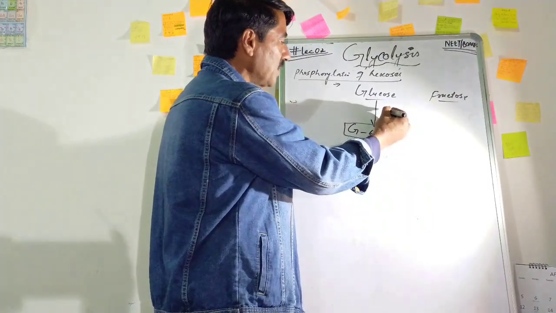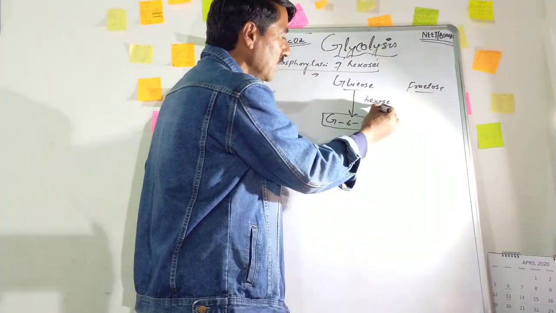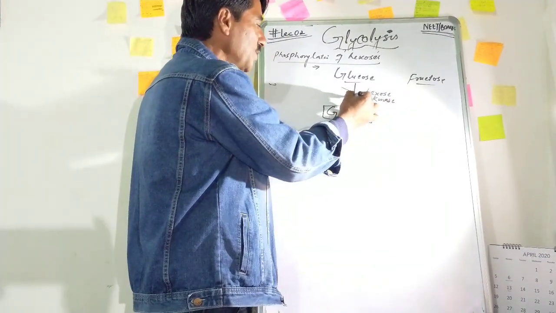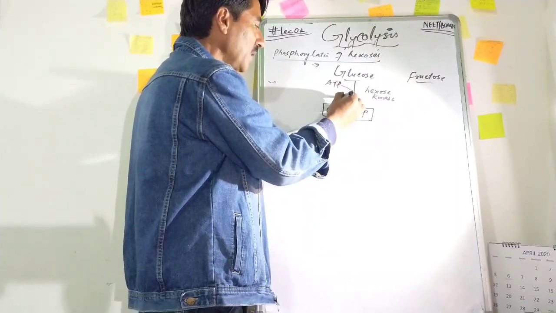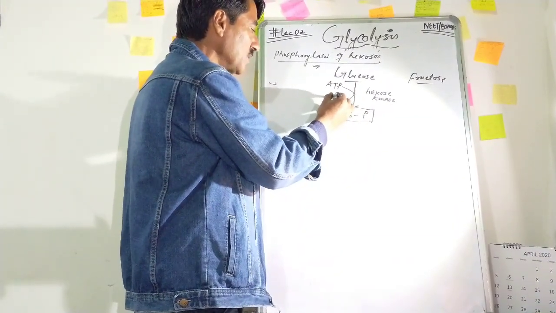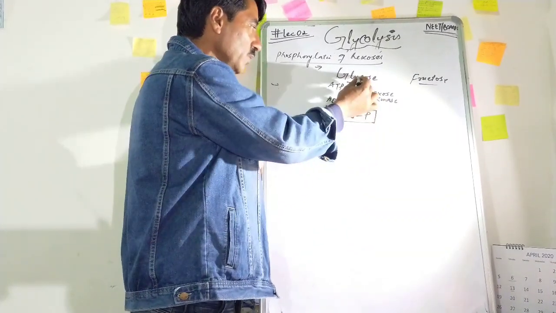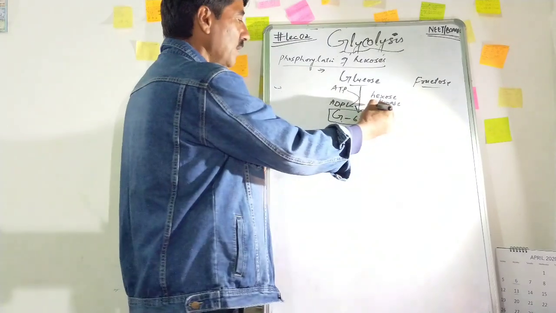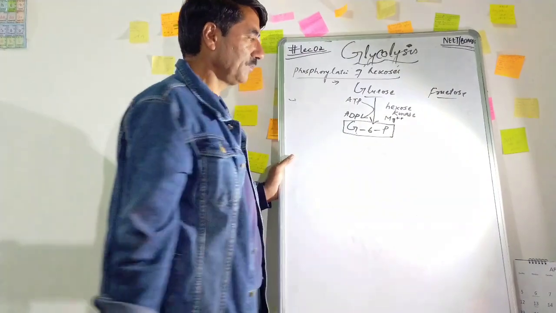This reaction takes place in the presence of the enzyme hexokinase, and this reaction needs ATP, so there is consumption of an ATP molecule. The ATP gets changed into ADP, providing this phosphate to this glucose, and it becomes glucose 6-phosphate. This reaction also needs magnesium divalent ions.